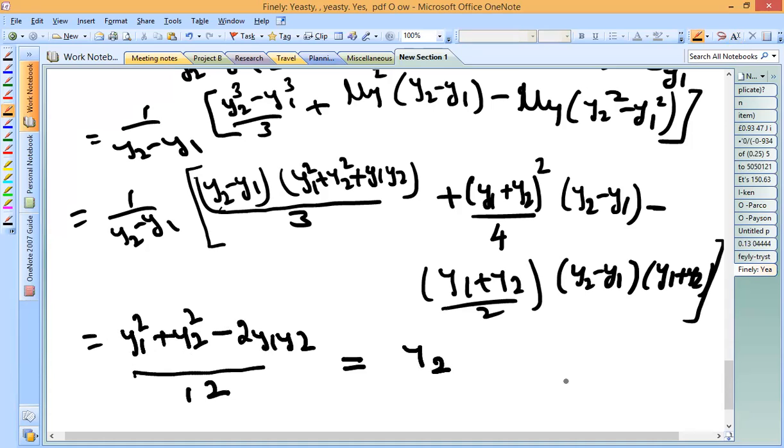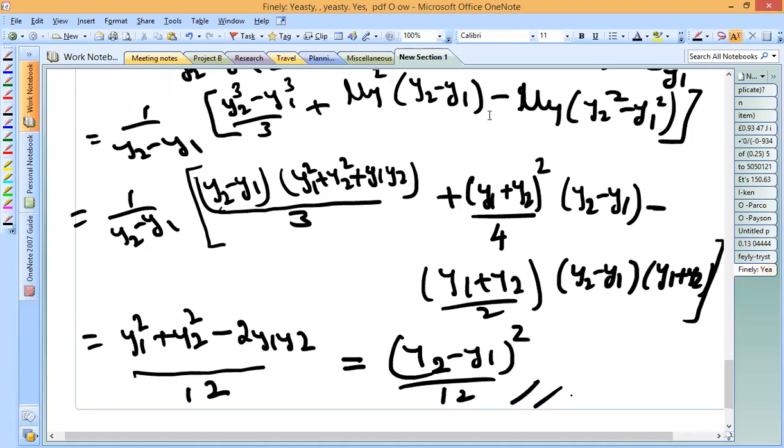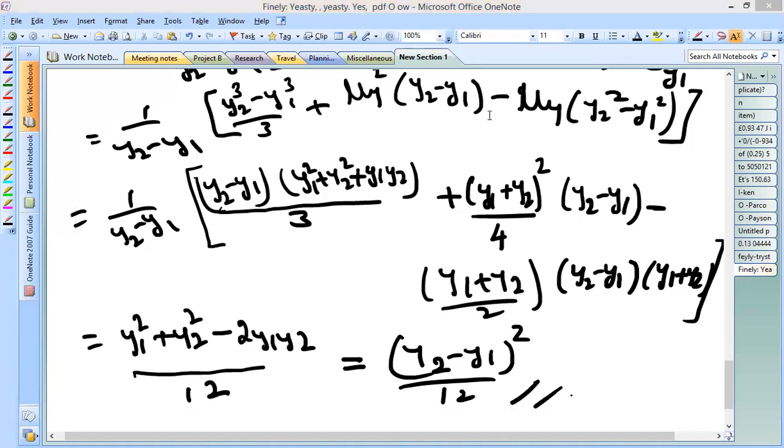Whatever the expectation of the square of the random variable about the mean, we have calculated. So this gives the value (y2 minus y1) whole square divided by 12. Have you understood this? If you have any doubt in this, you can ask me. Shall I move on to the next problem?